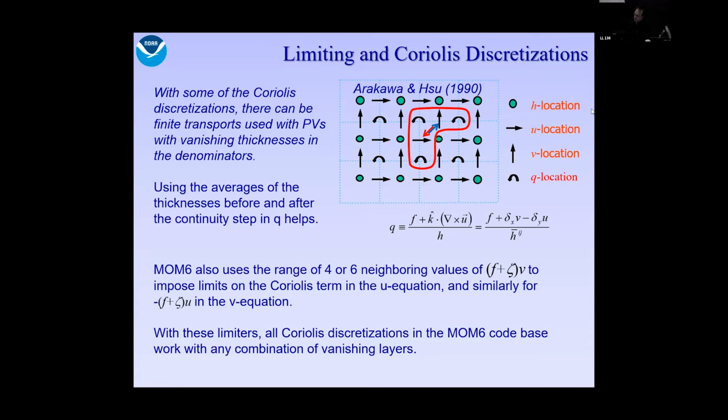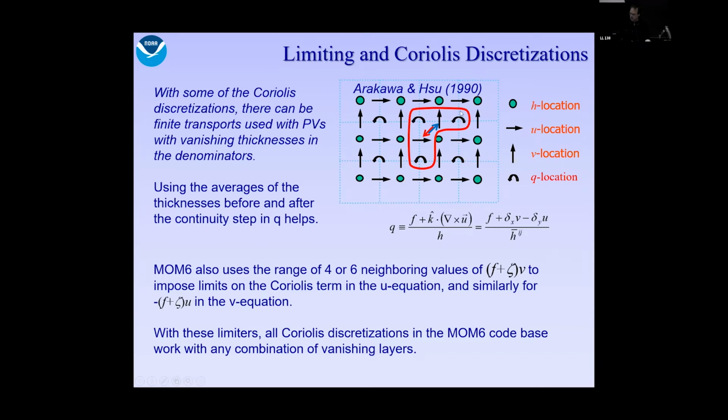on Arakawa and Hsu, which is a good scheme, you can have finite transports even if 4 of the thicknesses that are used to generate potential vorticity are all 0.